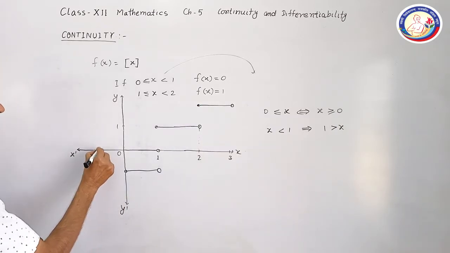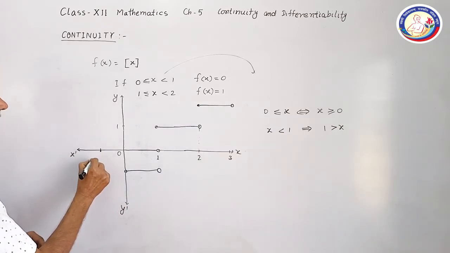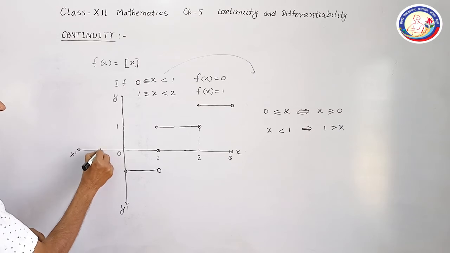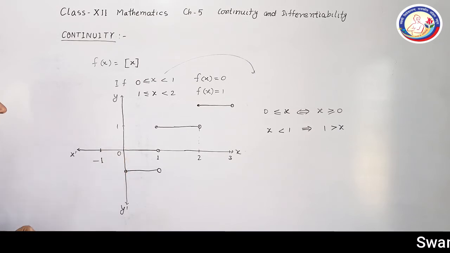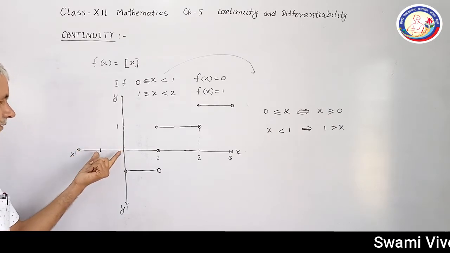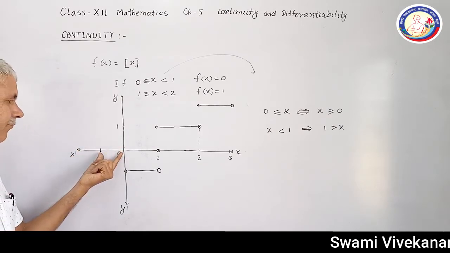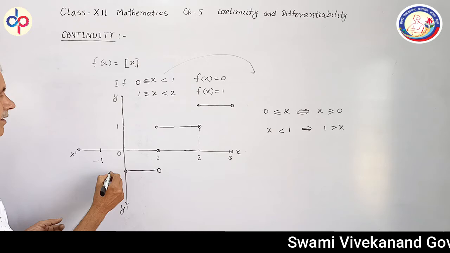And on negative side, if the value is from minus 1 to less than 0, the value of function will be minus 1.